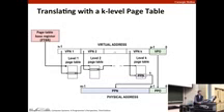Okay, and then that is used to form the PPN portion of the physical address. And just like before, the virtual page offset is just copied unchanged to the physical page offset.